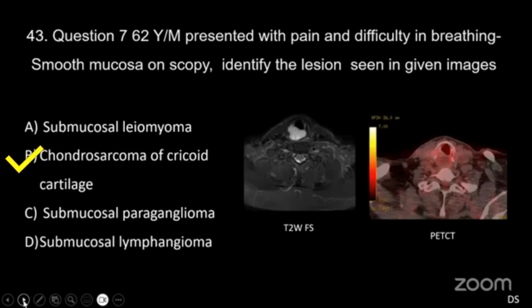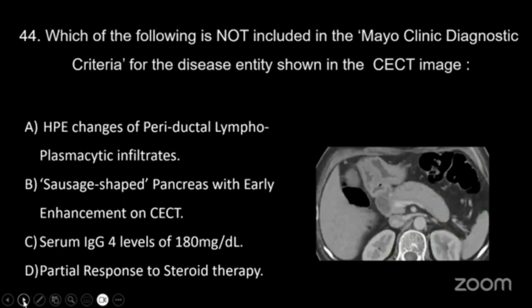Here B is the right answer due to the hyperintense lesion in the fat sat T2 weighted image with poor uptake on PET CT, which is characteristic of chondrosarcoma. Mayo Clinic diagnostic criteria for autoimmune pancreatitis is correctly given in all except B. Here sausage shaped pancreas is correct but shows no early enhancement is not correct.